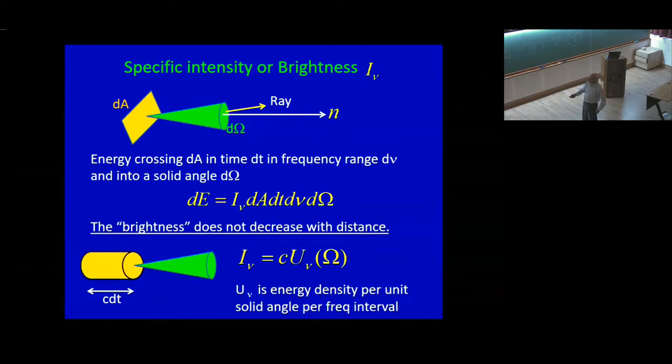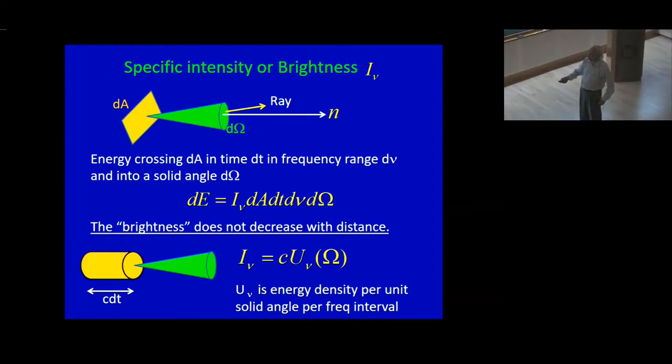So let us construct an imaginary cylinder of unit area and length c times dt, where c is the velocity of light. Therefore, all photons in that cylinder will cross this surface in a unit time. Therefore, the relation between I nu and U nu is that there is a velocity of light that is coming in here. So convince yourself that dimensionally the velocity of light must come in.